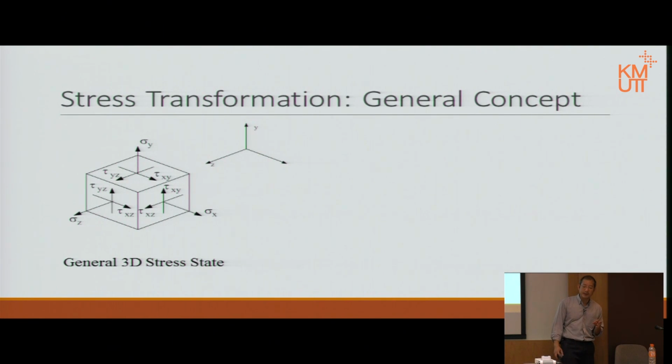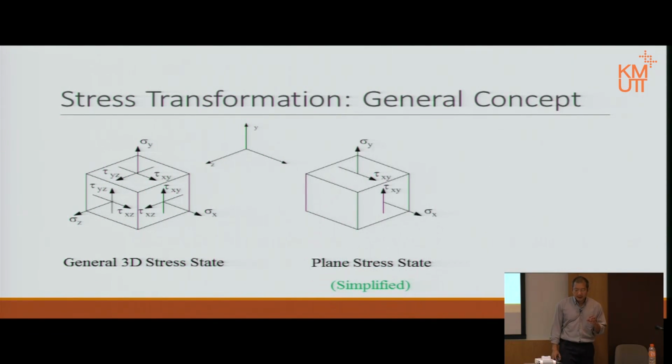Which means we will have only this one. Notice that this one here is the plane stress state, meaning the stress is happening only on a plane. Meaning there's no third direction. It's only vertical and horizontal in this case, so it's a plane.